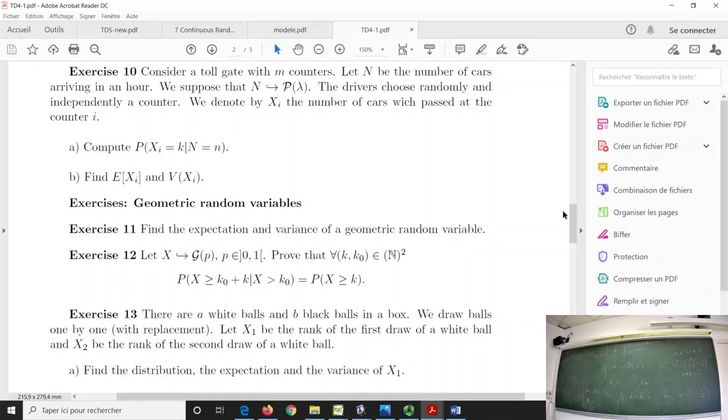If you know the distribution. So a natural way to do it is to try to find the distribution of xi in order to be able to compute the expectation and the variance. Why is it not that bad to do this? Because suppose, for example, I don't know for the moment, but suppose that the distribution you are going to find for xi is a distribution from the course.